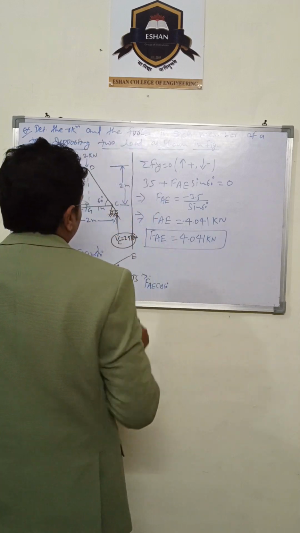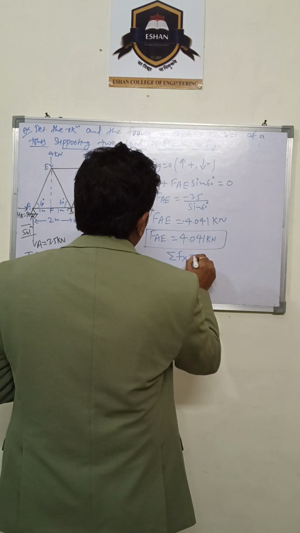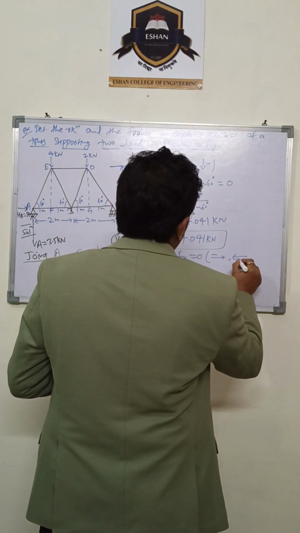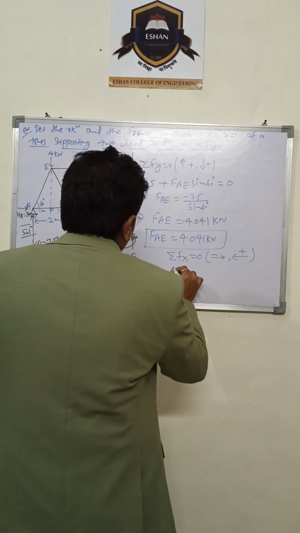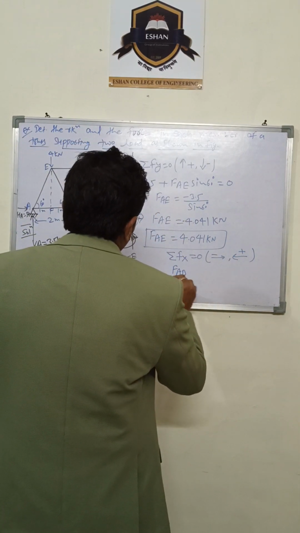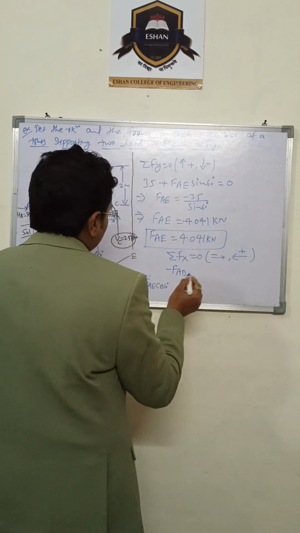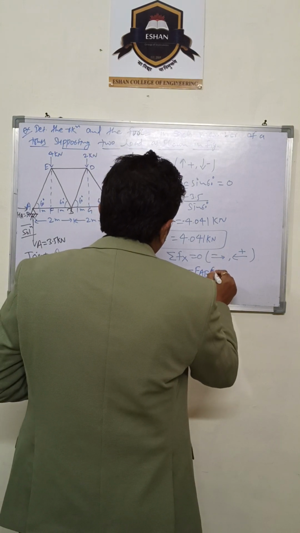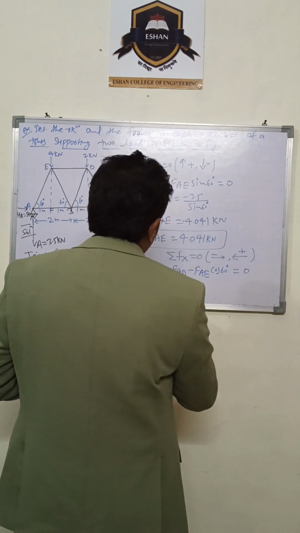Now consider the next equilibrium condition, summation of Fx equal to 0. Left to right negative and right to left positive. Consider member AB, FAB, left to right, that means negative, and also minus FAE cos 60 degree equal to 0.